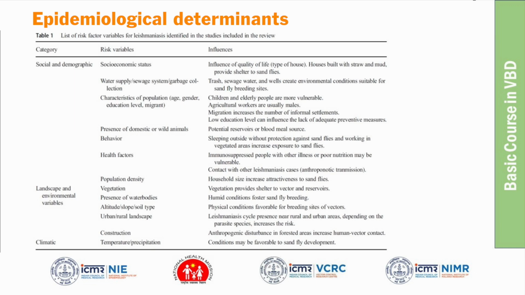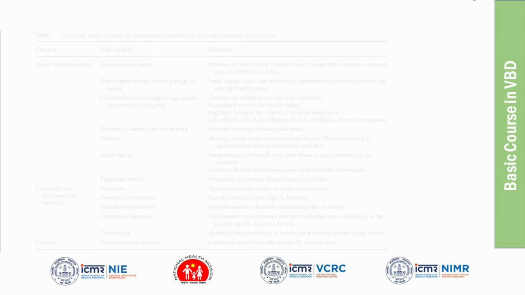More cases are occurring in these regions. Climate parameters are mostly temperature and precipitation. Conditions may be favorable to sandfly development, which is why climate parameters are important. Lastly, these are the three categories of factors which contribute to the epidemiology of leishmaniasis in the different countries.